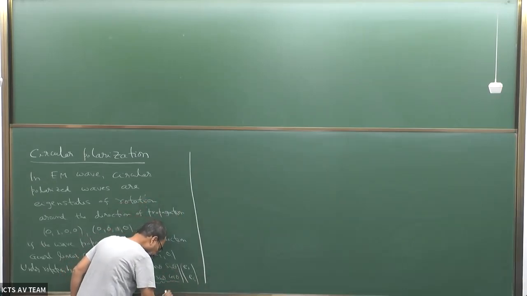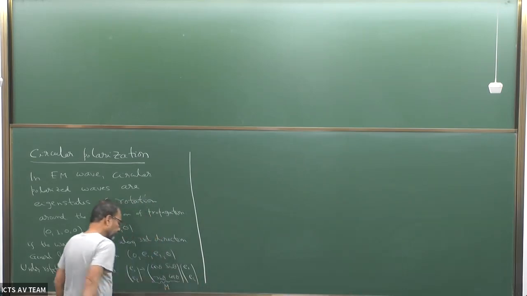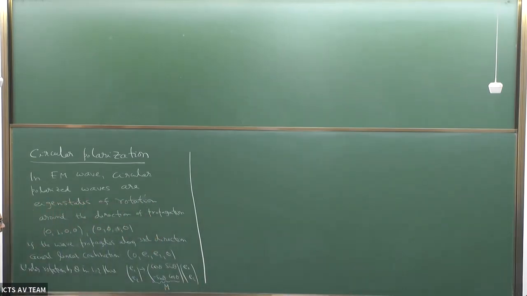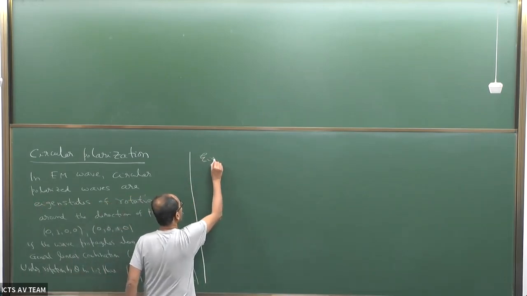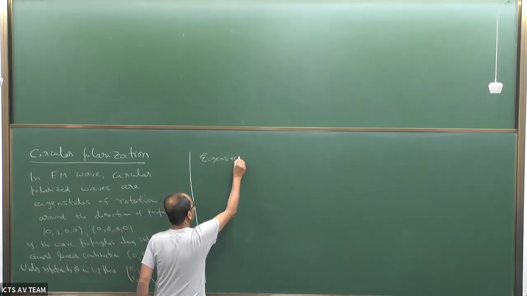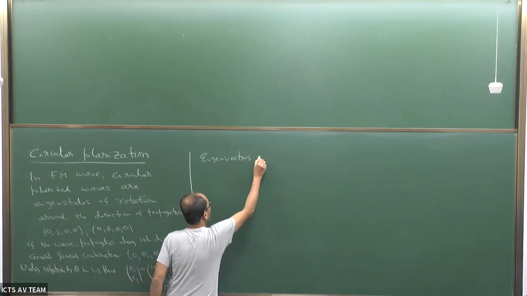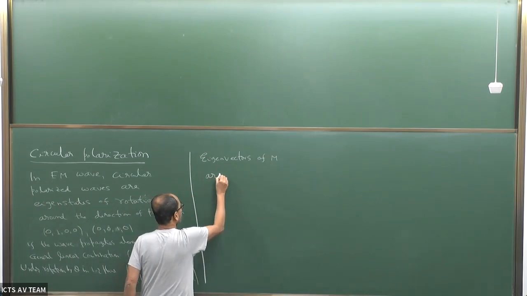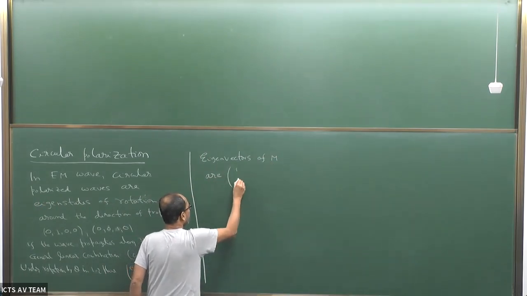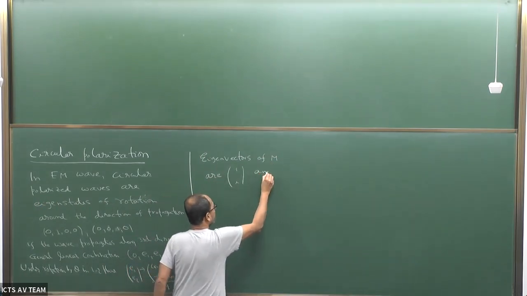This will also appear later. The eigenvectors of M are 1, i and 1, minus i.